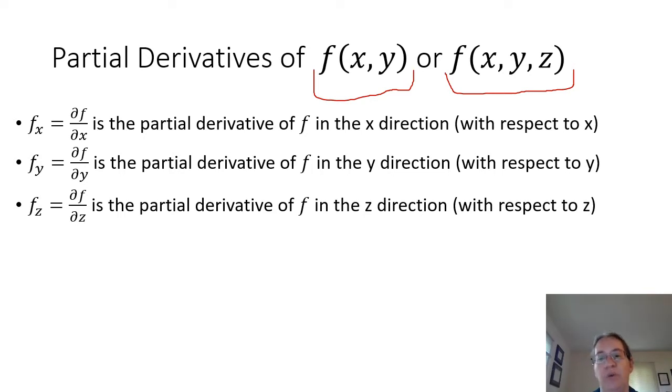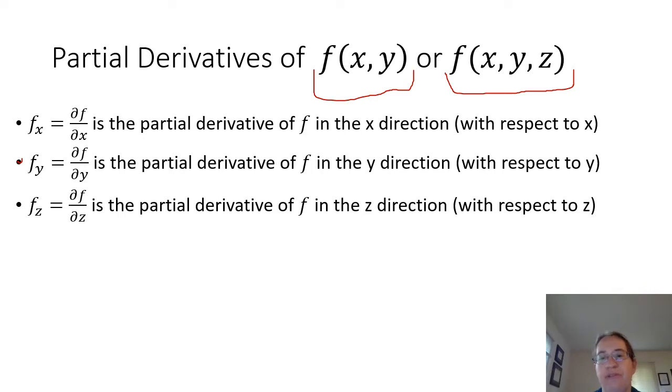And that means you hold the other variables constant and take the derivative as if x is the only variable. And then similarly, we have this partial derivative with respect to y, or the partial derivative with respect to z.